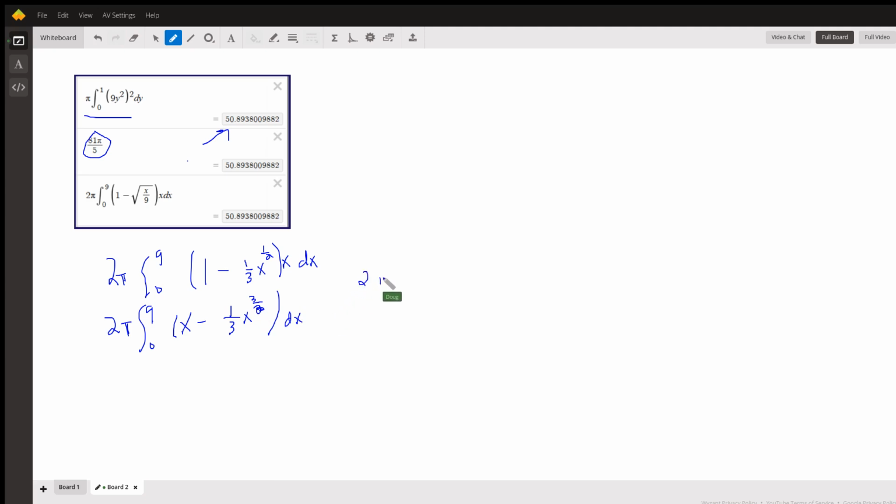I'll just take it a little bit further. The antiderivative of x is 1/2 x squared minus 1/3, raise the exponent by 1, add another 2 halves onto there, and multiply by the reciprocal of the new exponent.